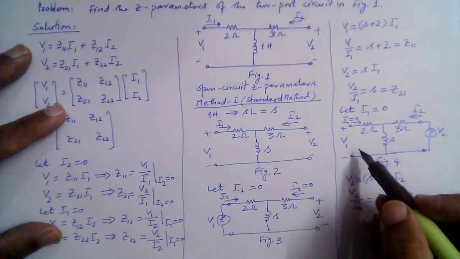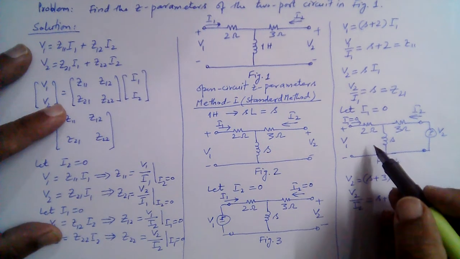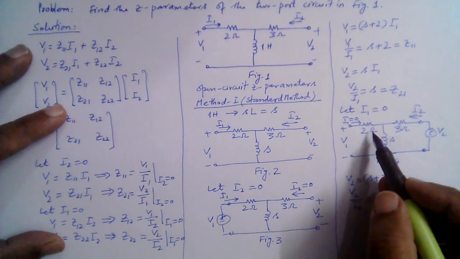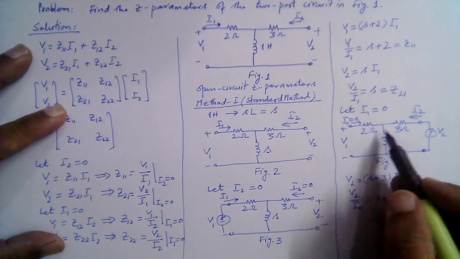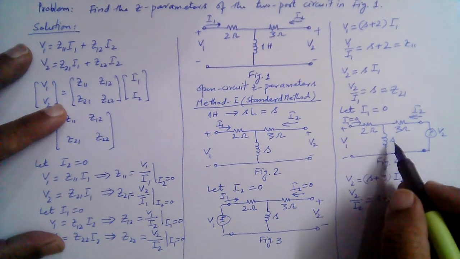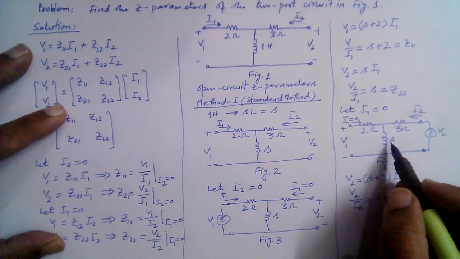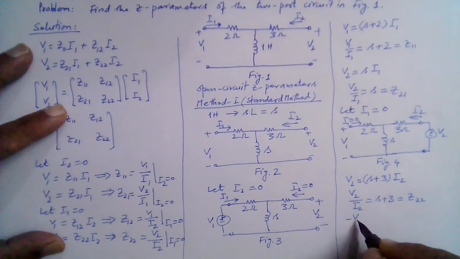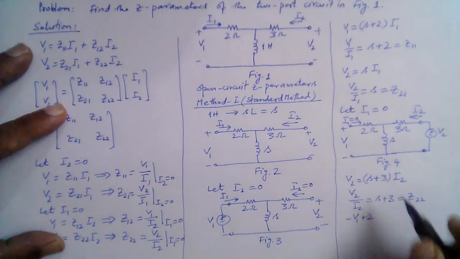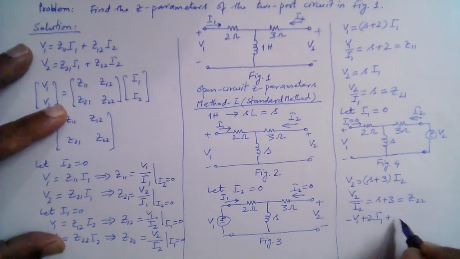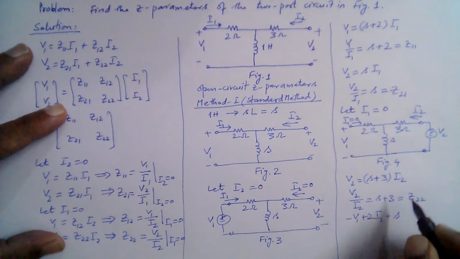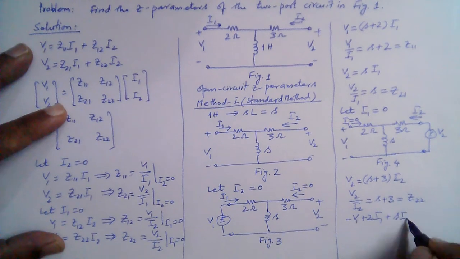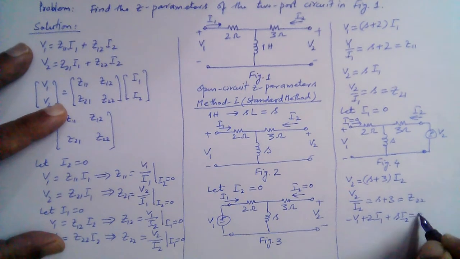Furthermore, if we apply KVL here, the voltage across this 2 ohm resistance is 0, and the voltage across this inductor is the same as V1. Let me apply the KVL: minus V1 plus 2 I1 plus S multiplied by I2, the current flowing in here, is equal to 0.